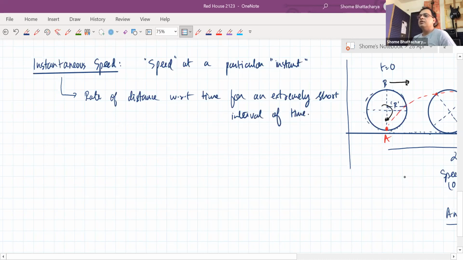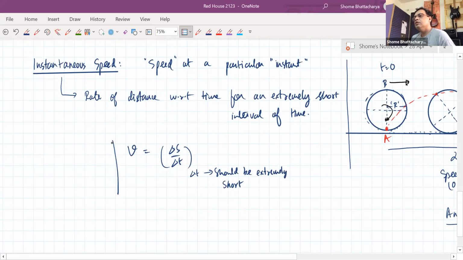We will give this extremely short interval of time a specific definition as we go along. So instantaneous speed is equal to delta S by delta T, under the condition that delta T should be extremely short.